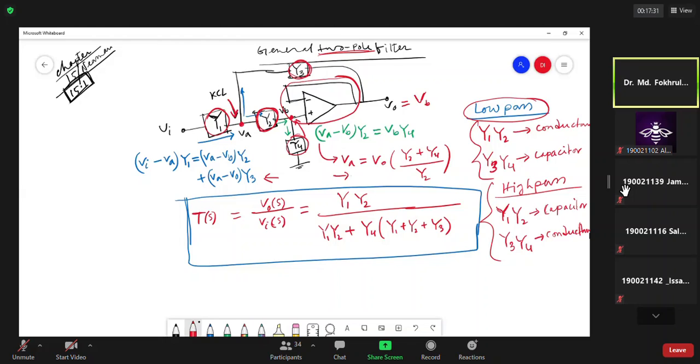Okay, so we can see what happens if we consider these two conditions.